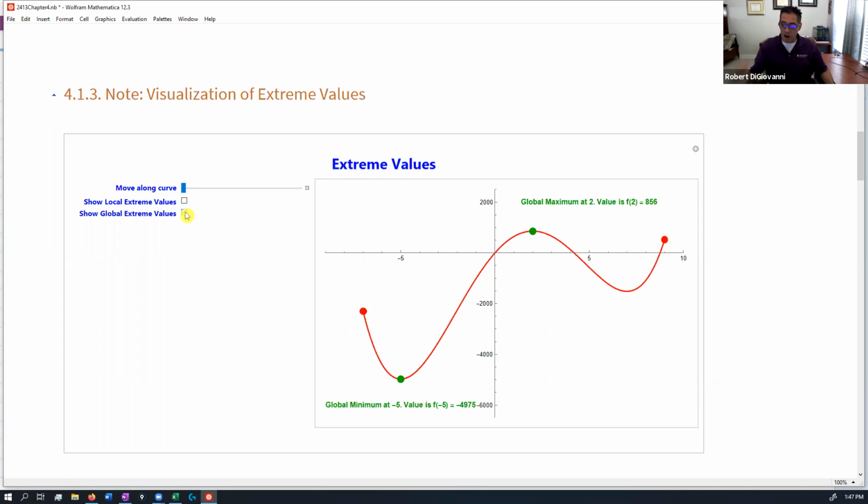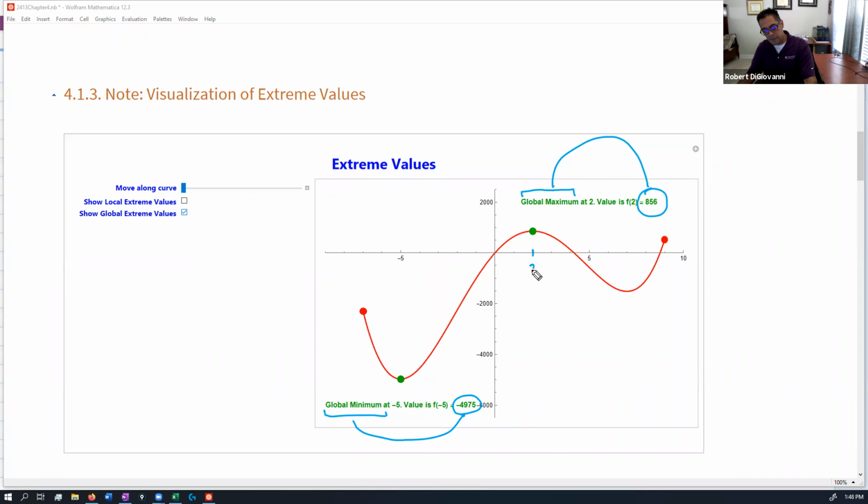Now, when we talk about it, we're actually talking about the value of the function. So you would say that the global max or absolute maximum of this function is 856. You would say the global minimum of this function is negative 4,975. The x coordinate is where it happens.